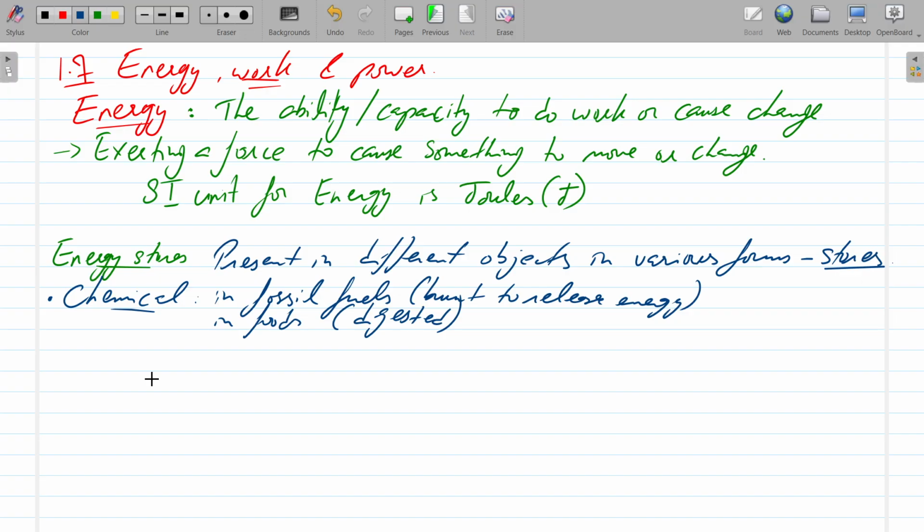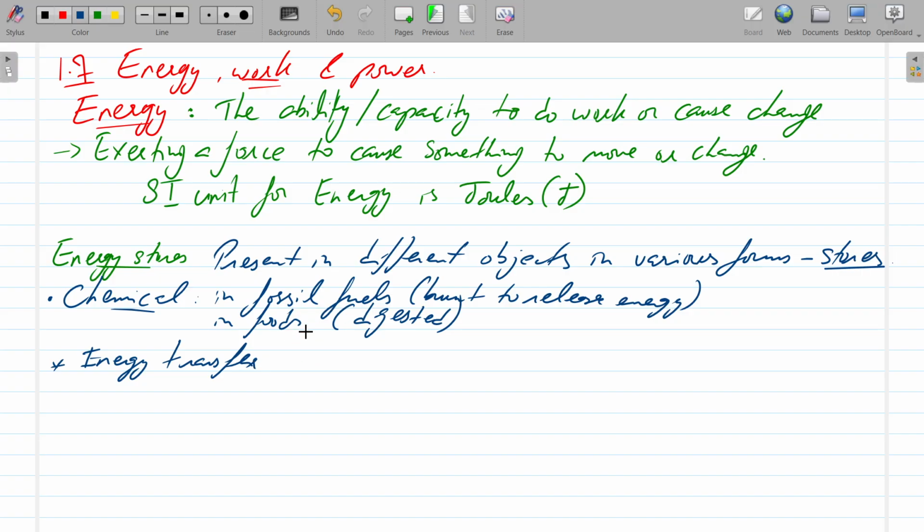And so what basically happens is that with chemical energy in fossil fuels or in foods, there's an energy transfer when they are utilized.